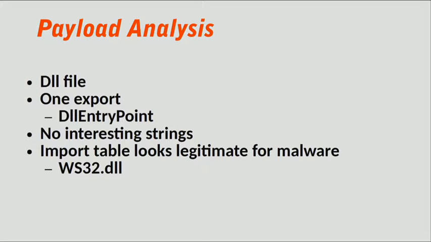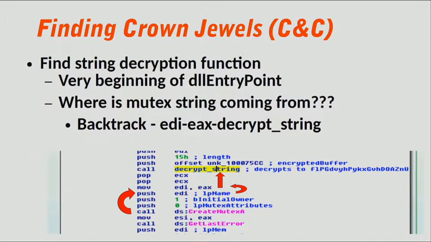So if you see a WinSocket 32 DLL imported, it means that that piece of code uses network functionality, which is likely to be true for malware. So finding the crown jewels, finding command and control.